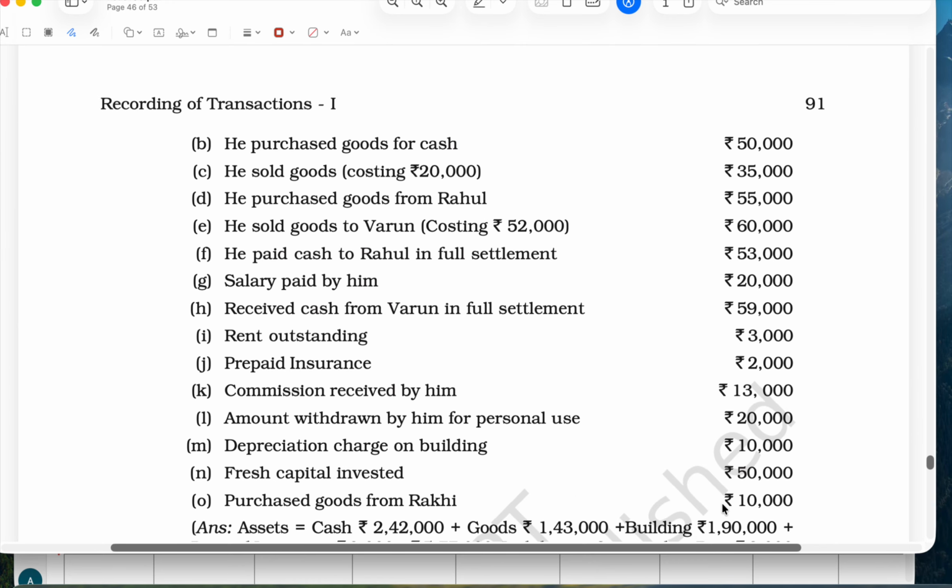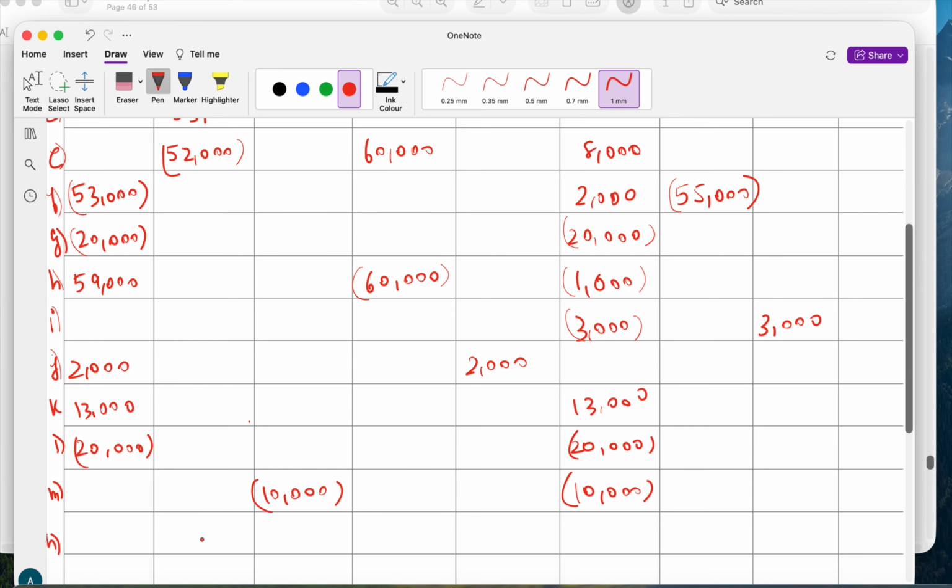Purchased goods from Rakhi 10,000. So 10,000 of goods is being purchased from Rakhi. We will add it to the creditors. It's a credit purchase. Okay.